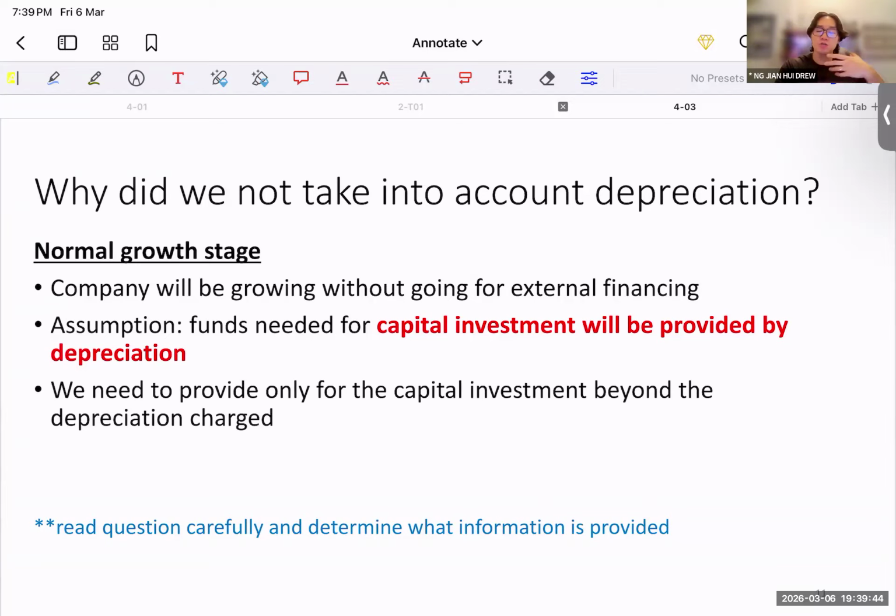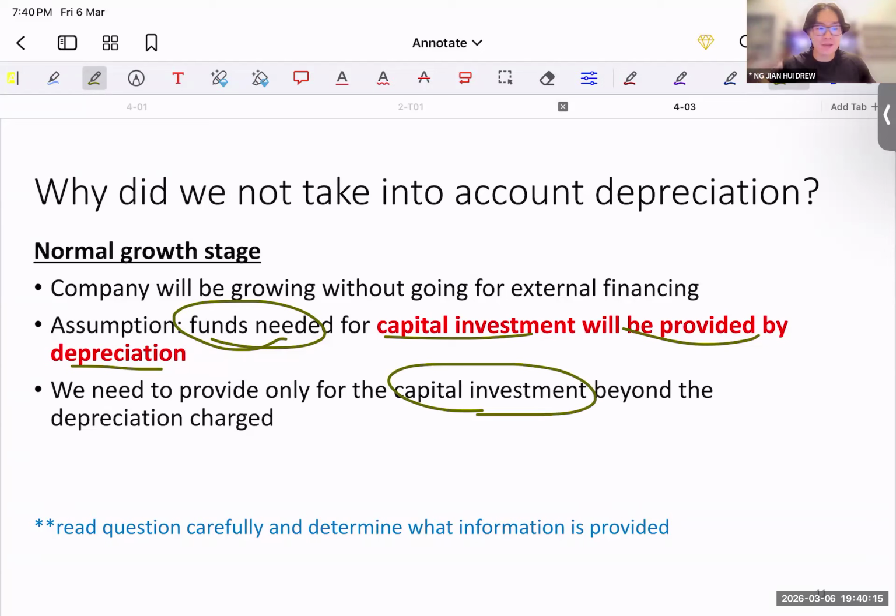In this sense, any funds required for the capital investment would come from the depreciation of assets, because we're not going out for external funding. Whatever funds are needed for capital investment come from the depreciation that is being charged. So we only need to provide for additional capital investment that is beyond the depreciation charge.